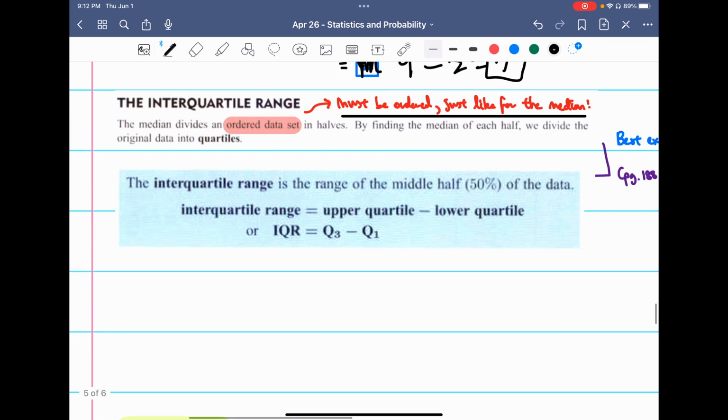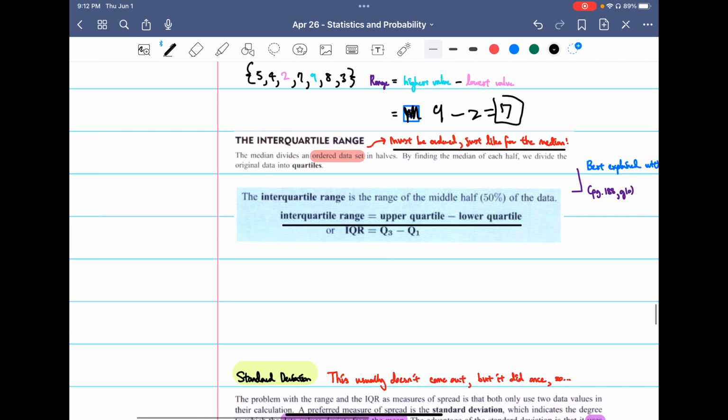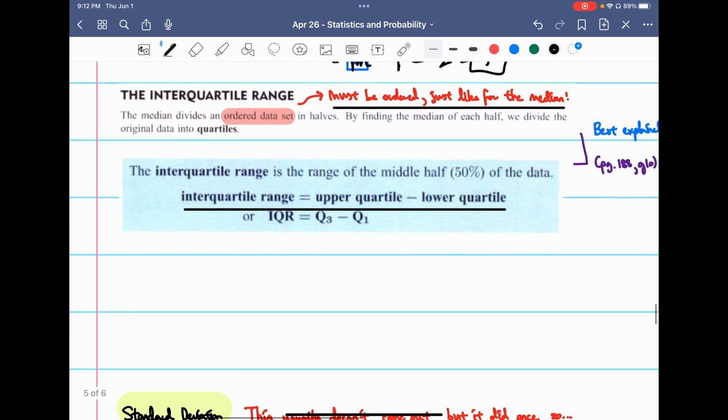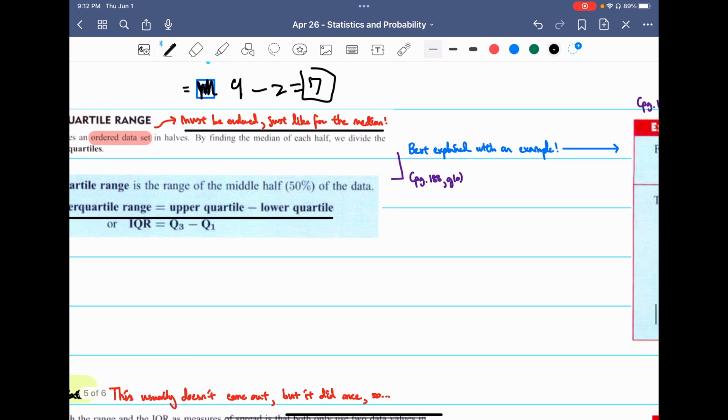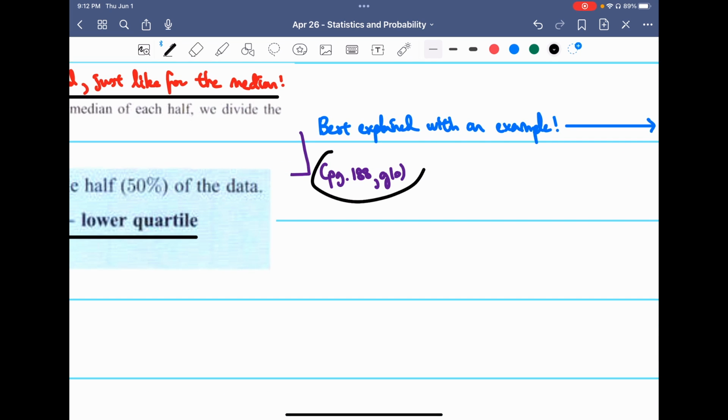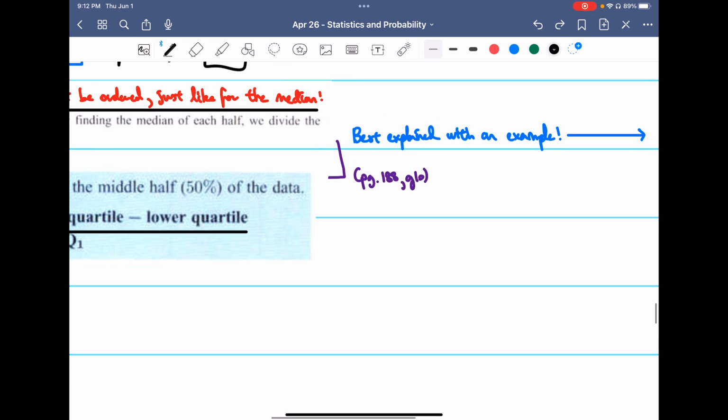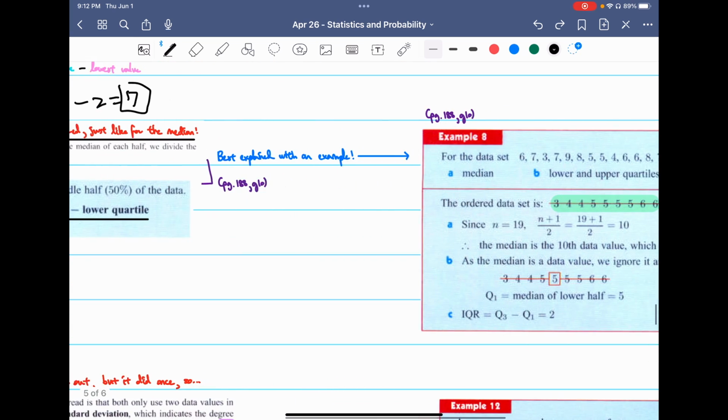The interquartile range is the range of the middle half, 50%, of the data. So the interquartile range is the upper quartile minus the lower quartile, and I'll be explaining this through an example question, but you can also check out this page in the Haese textbook if it confuses you a lot.